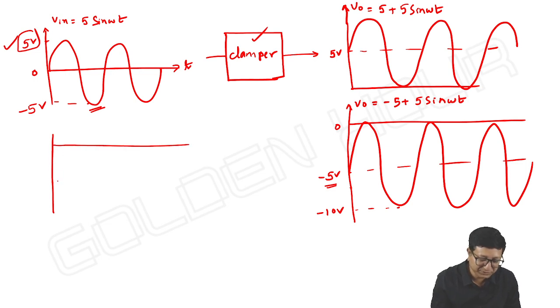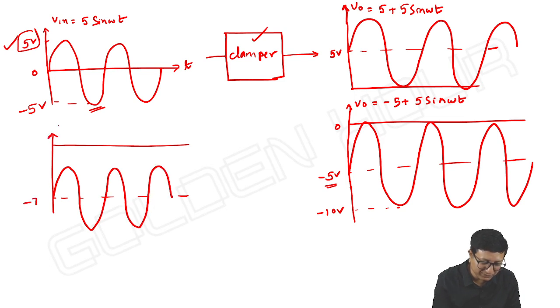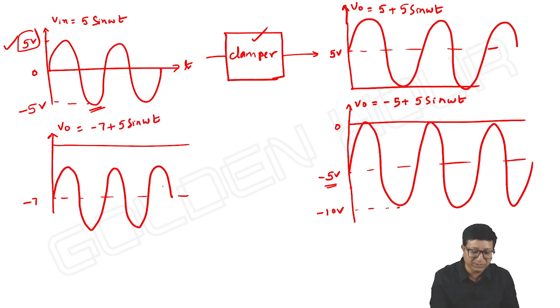Our output may be something like this. It is minus 7 volts. V output is minus 7 plus 5 sine omega t. We can achieve even this kind of output also.